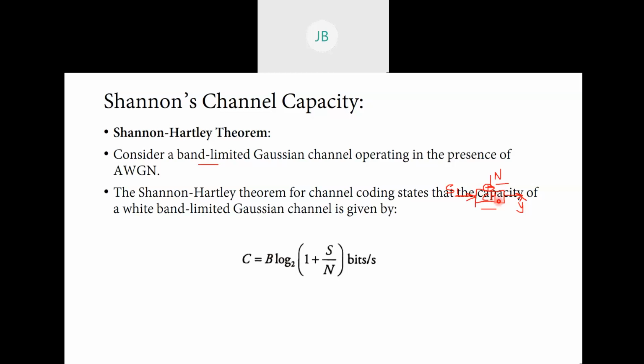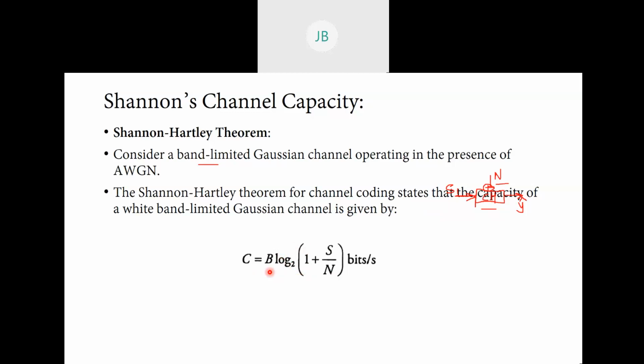As a result, the output here may be the same information that we transmitted, or may be different. Whatever it may be, what is the amount of information that we can carry through the channel? How can we measure it? That can be measured using Shannon's channel capacity equation. This is a very popular equation in communication systems.